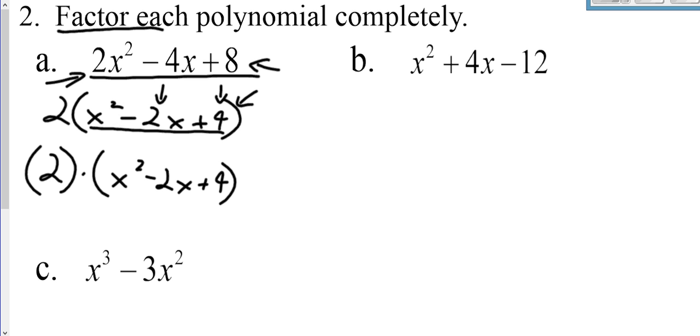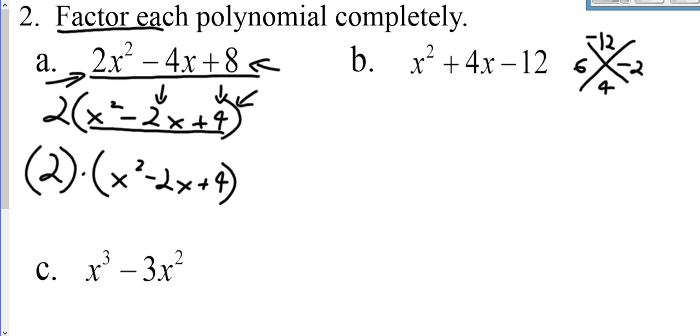So here, I want to look for terms. I like to do what we call the diamond method. So I look for things that multiply to -12 and add to 4. So I am going to get 6 and -2. They multiply to be -12 and they add to be 4.